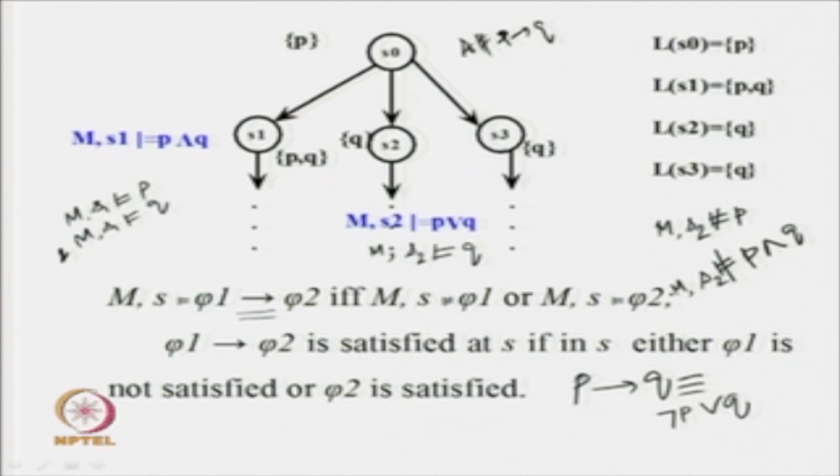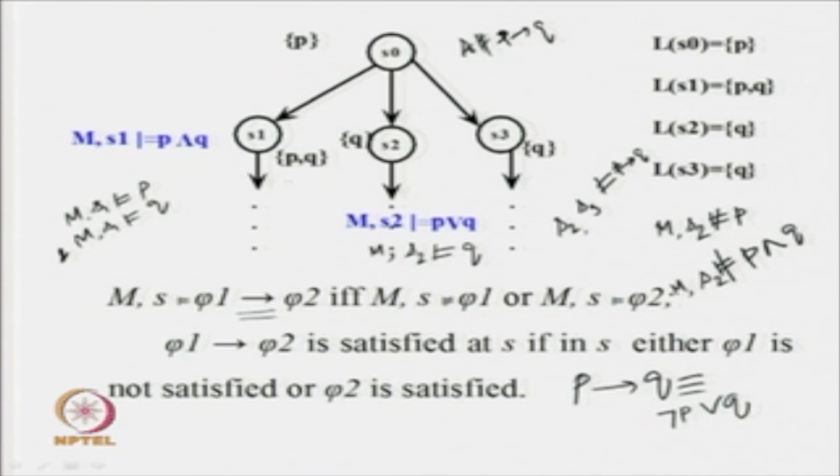But in these two states, S2 and S3, you will find that it is marked with Q, but it is not marked with P. So P is false over here, but we say that if P then Q, if P is false we are least bothered about it. So in this particular set, S2 and S3 both model P implies Q, because Q is true over here, P is false: either S does not model phi 1 or S models phi 2.